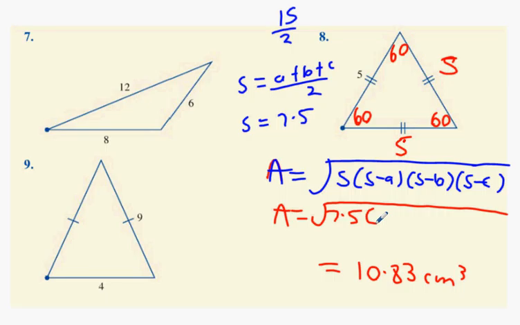So you can just write down 2.5, 2.5 again, and if anybody's not sure what I did there, I replaced S with 7.5, and each one of the sides, they're all worth 5 each. So in every bracket it's 7.5 minus 5, which gets to be 2.5. Can somebody put that into the calculator? 10.83 as well. It didn't matter which way we did it. We get 10.83 either way.